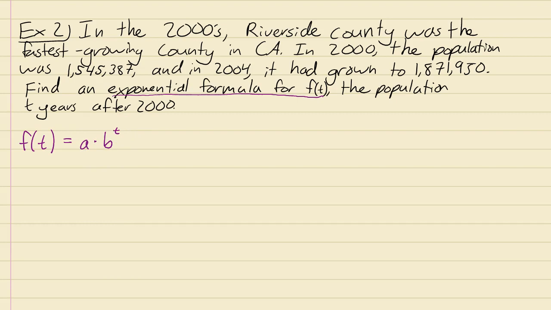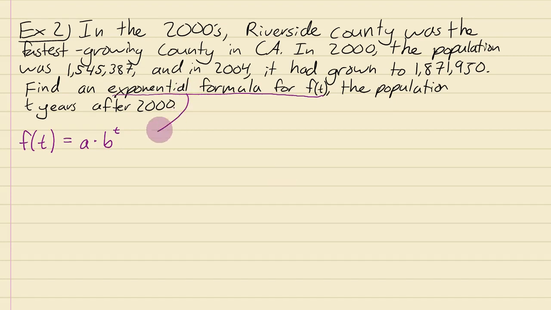And we need to find the a and b to actually get a complete formula. And then you could use it to estimate the population in the future too, if that were to continue. We could find the population in 2008, assuming that this exponential growth continued. And sometimes exponential growth continues for a while, and sometimes it stops. And we'll talk about that in class a little bit.